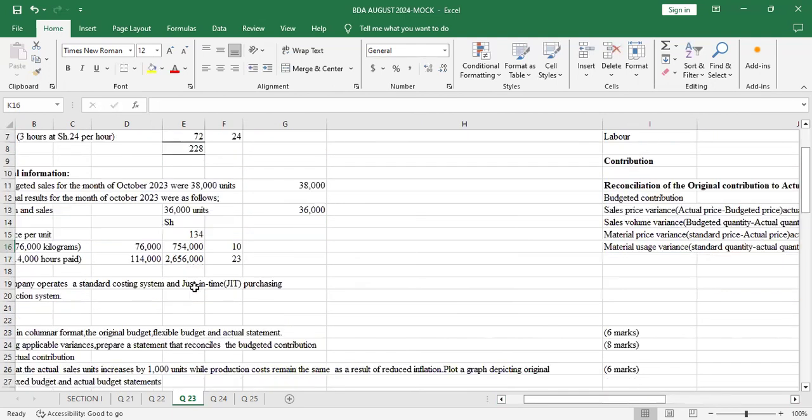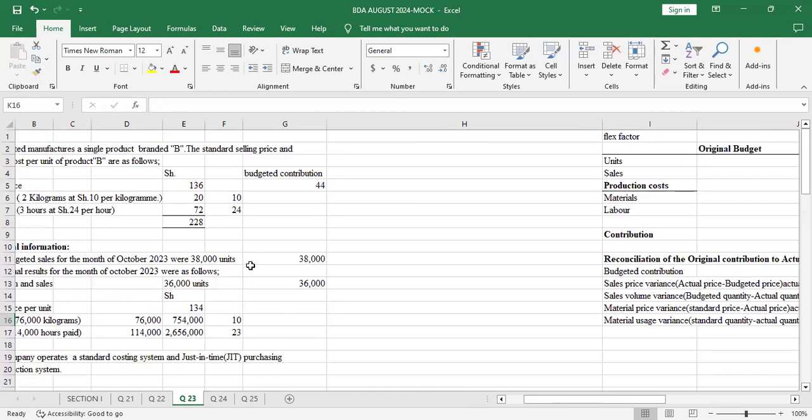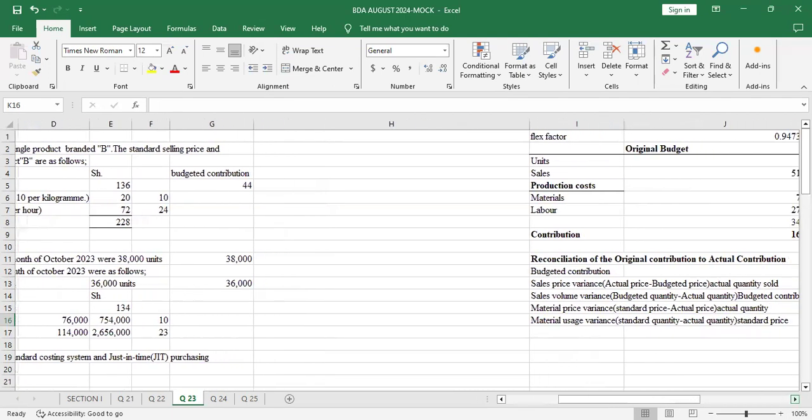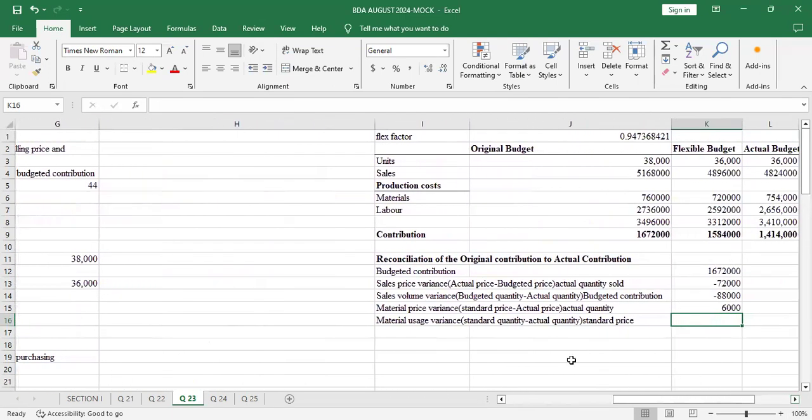What about the actual units produced, which is 36,000? You multiply 36,000 by 2, and that gives us 72,000 kilograms.